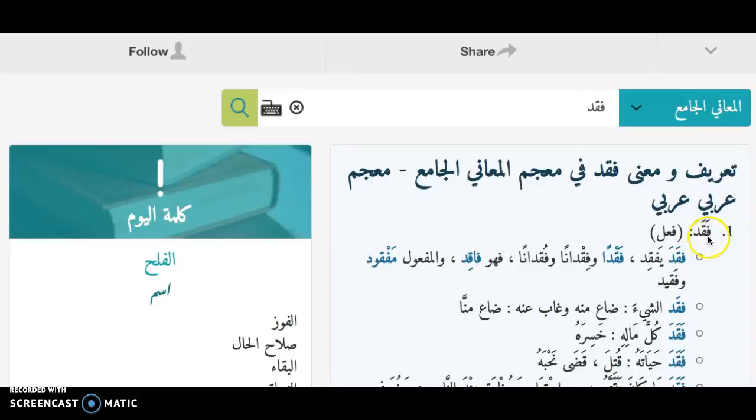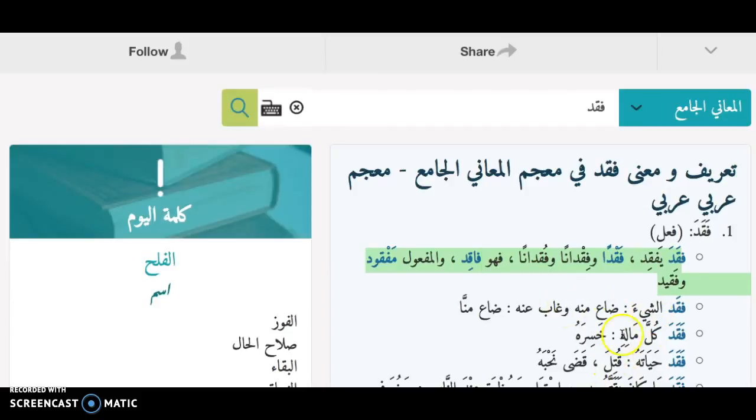Again, the first one, فقد, tells us whether it's a fi'l or an ism. It's an action, similar to what we saw before. So the first line has all the forms. See the first line highlighted in green?